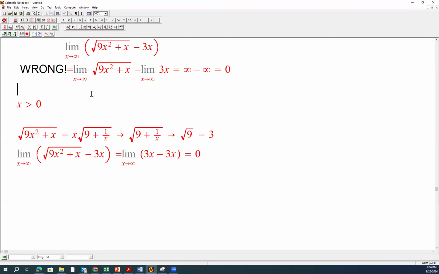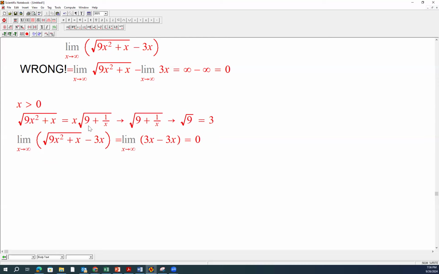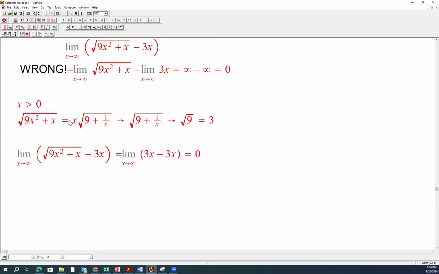Now, there's another way I saw, and so many people did it this way. So this is how it's been done. Some of you did something similar, but the idea is the same. This person factored out the x squared. x is positive, so this is fine.